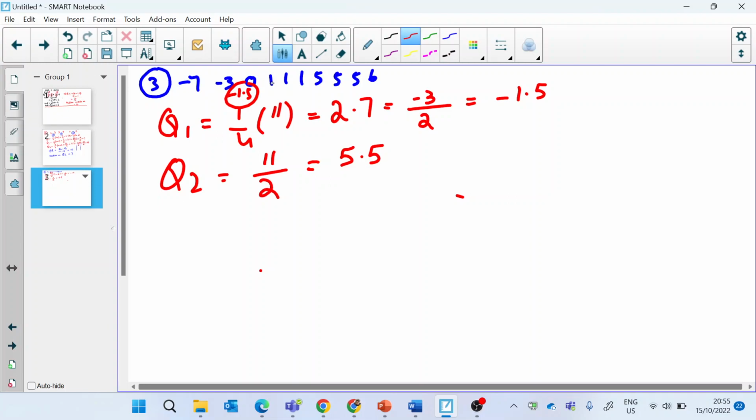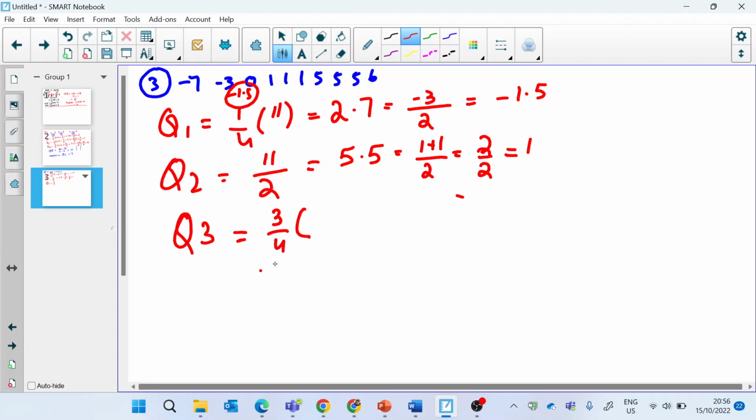The fifth value is 1, and the sixth value is also 1. The mean of 1 plus 1 over 2 is 2 over 2, equal to 1. So our Q2 is again 1.